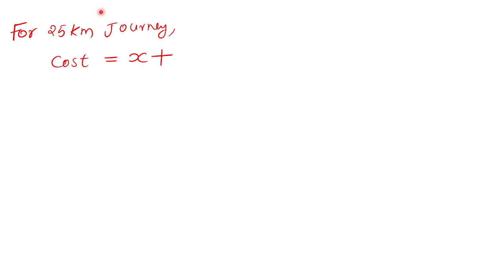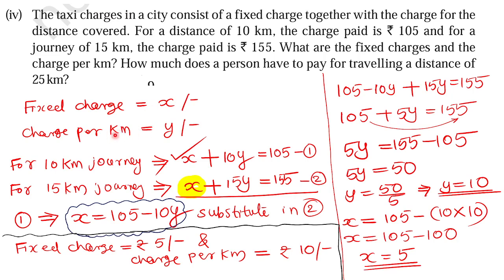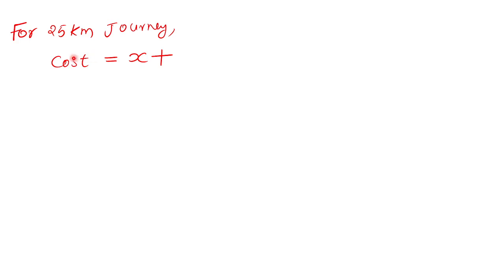And remember, for 1 kilometer journey, the charge is Y rupees. For 25 kilometer journey, 25 times Y. For 25 kilometer journey, the charge will be X plus 25Y.